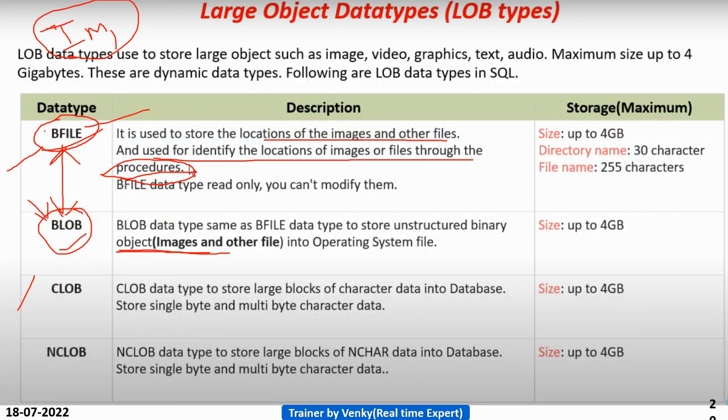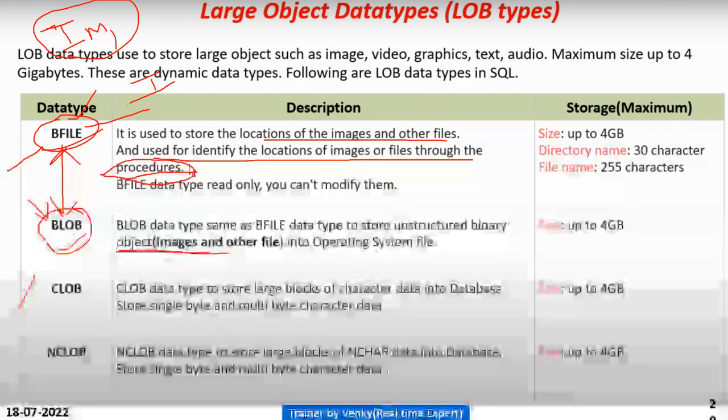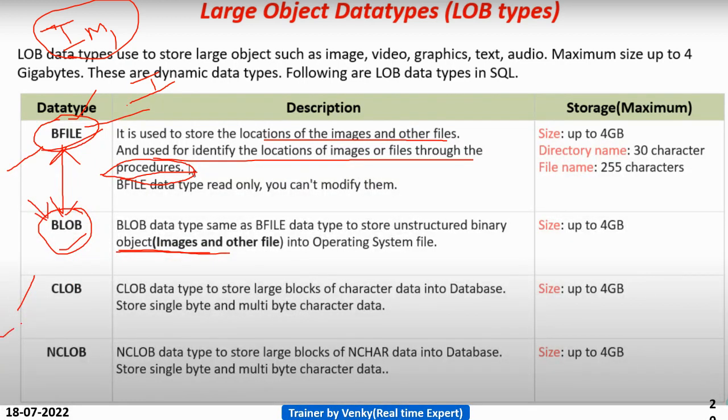Which data type do we use to identify the image, videos, and those files? BFILE. So now BFILE we will use to identify the location. After identifying the location, what do you need to do? You need to store the image. To store the image, what do we use? BLOB.